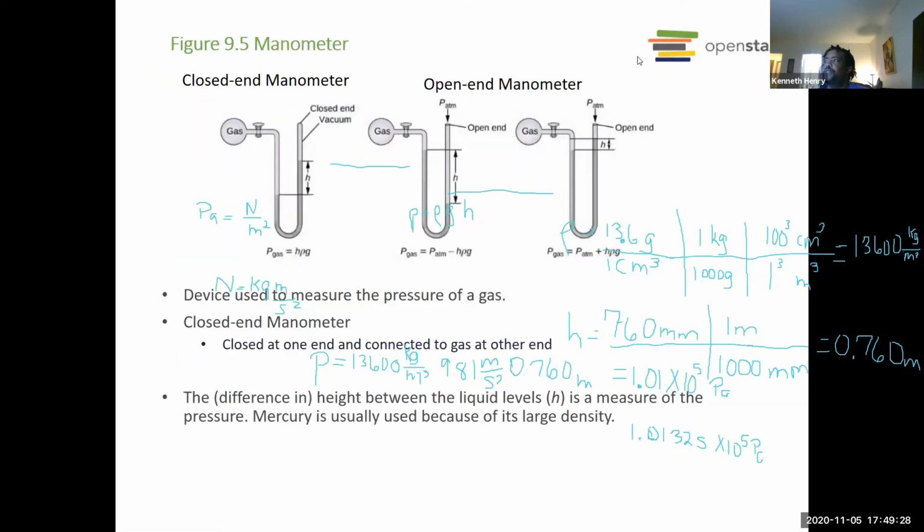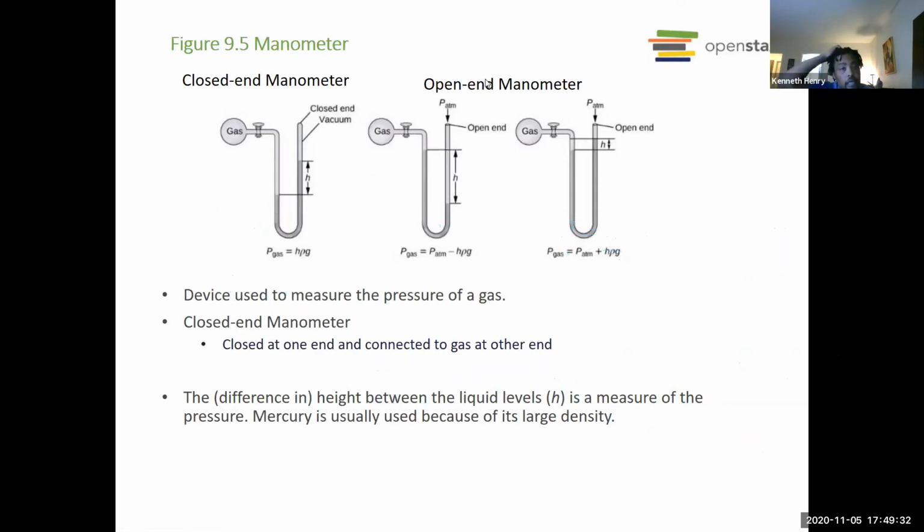Okay. Another way of measuring pressure is using a manometer. A manometer basically has two types. There's a closed-end manometer, which is basically connected to a vacuum tube.